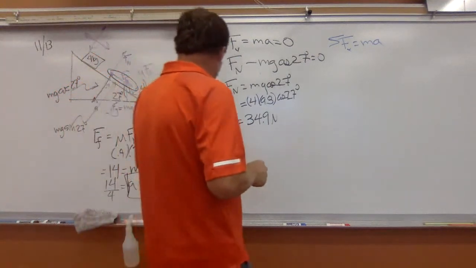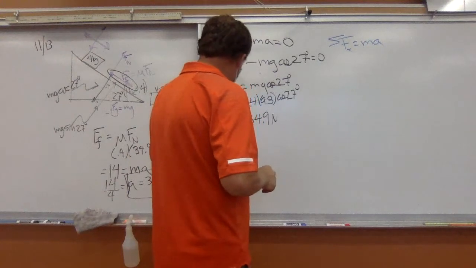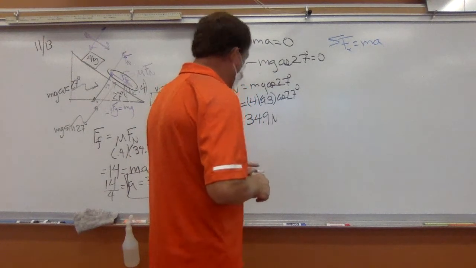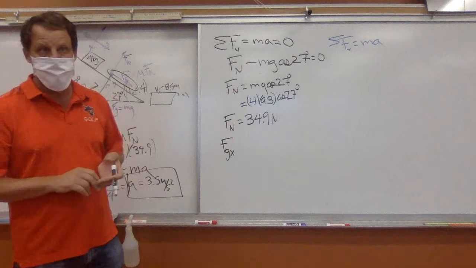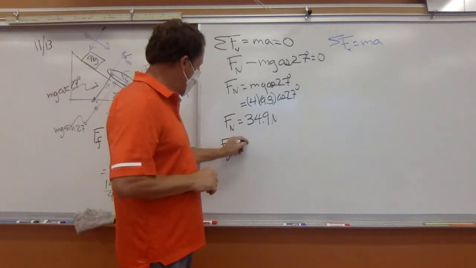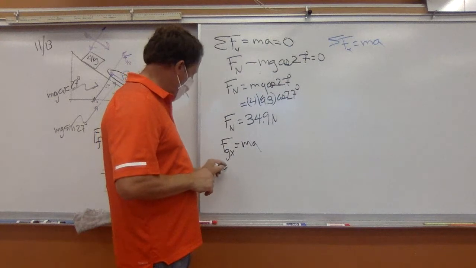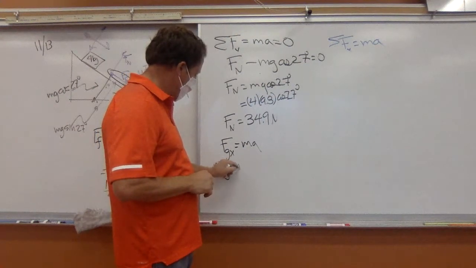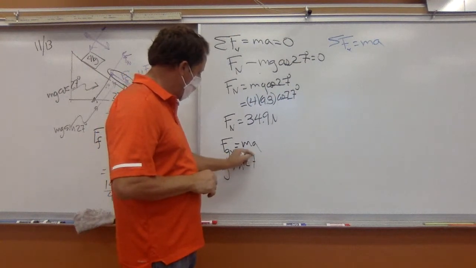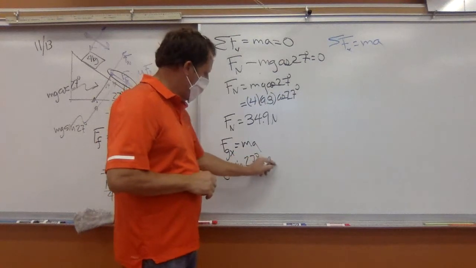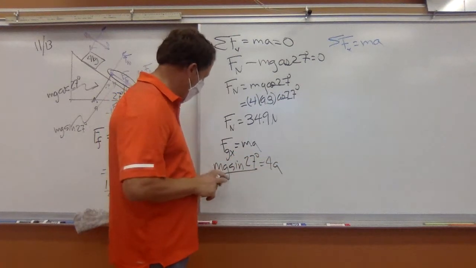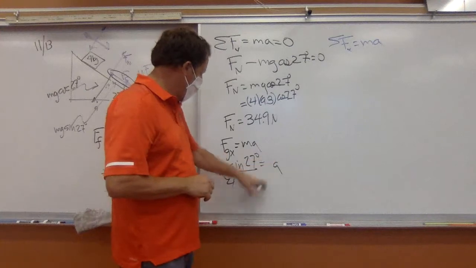In the same way, we are now going to talk about our force of gravity in the x, and that's going to equal ma. So this is going to be mg sine 27 degrees, and that's equal to 4a.